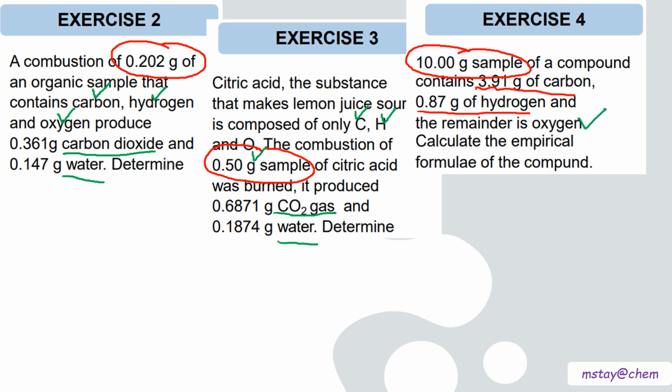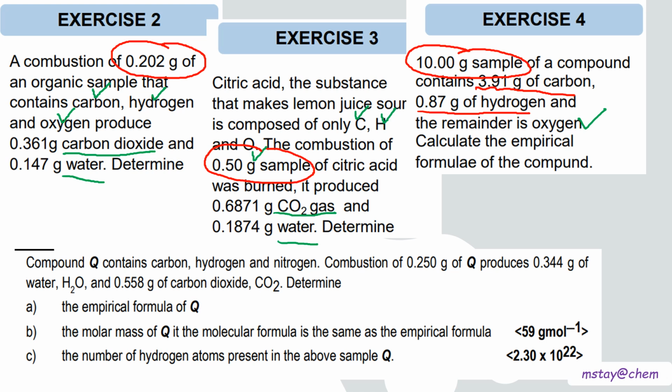However, you have to always remember that commonly we say the sample contains carbon, hydrogen and oxygen. But sometimes the compound may not just contain carbon and hydrogen, but another element. For example, in this question, compound Q contains carbon, hydrogen and nitrogen, which is slightly different from the previous question. So do take note of this.